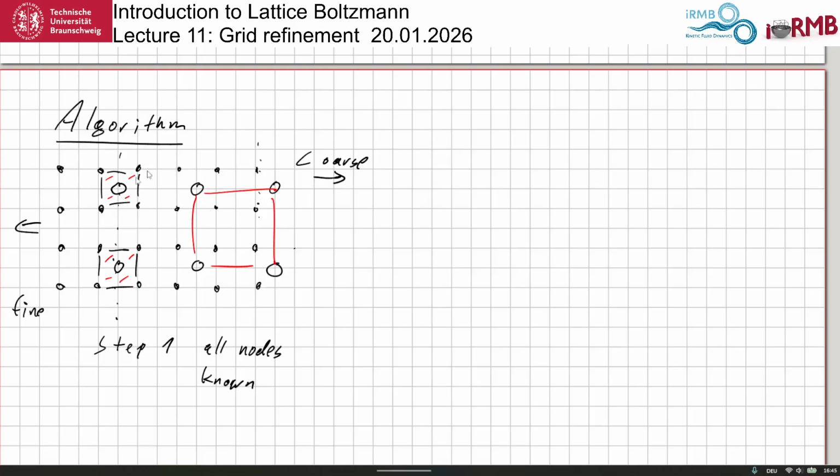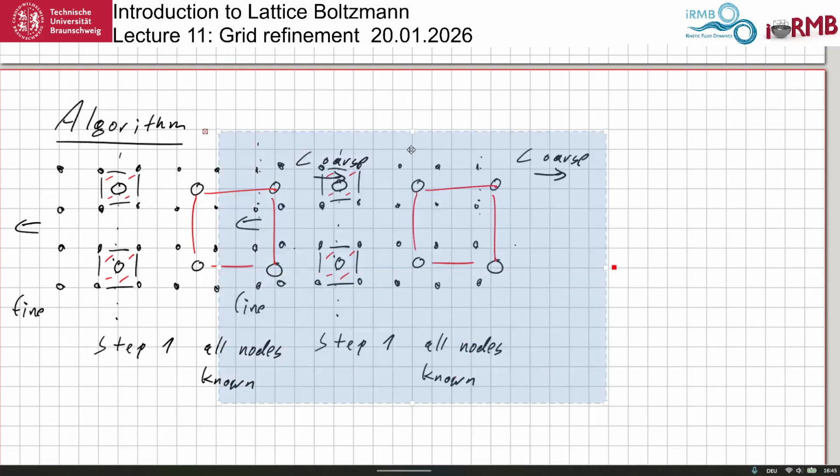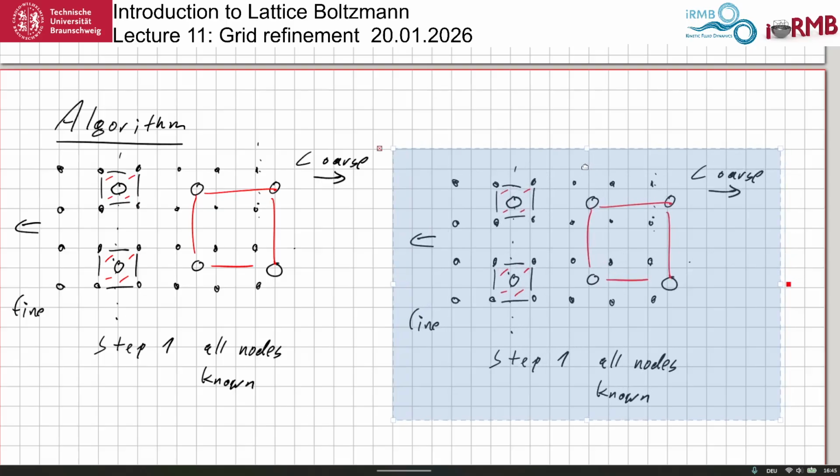So when you update this grid, and you do this with, I'm now using a trick here. So this is how I come to step number 2.